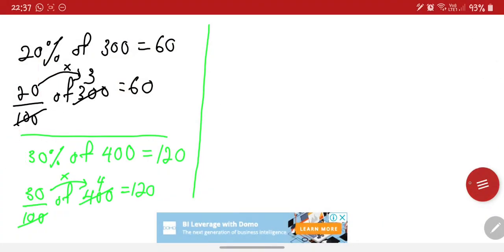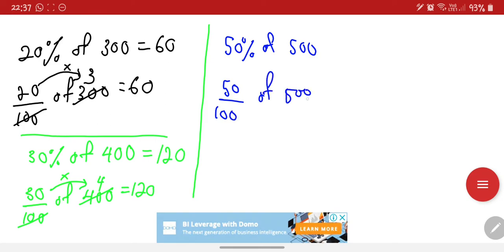Now let's look at another one. Now I'm going to give you a bigger number. So let's say we have 50% of 500. So you have to change first. 50 over 100 of 500. So you divide, good, 1, and this one becomes 5.